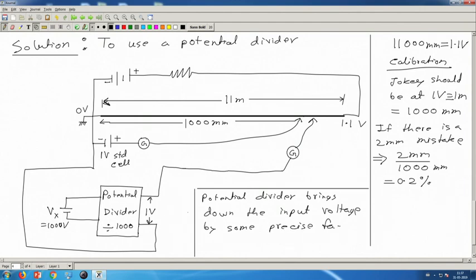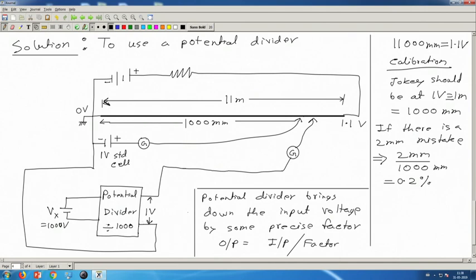It has to be precise. Okay. So, it is like output is equal to input divided by some factor, and this factor has to be precise. If we want to divide it by 1000, we should divide exactly by 1000, it should not be 1001.